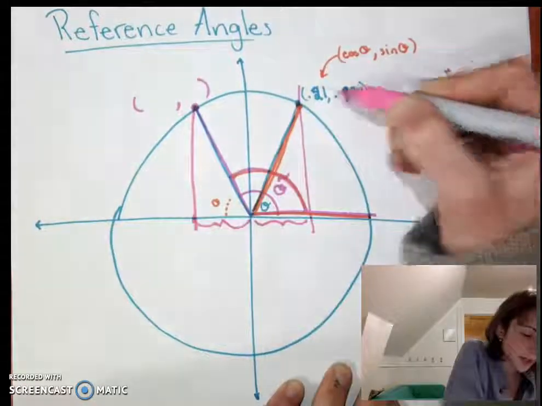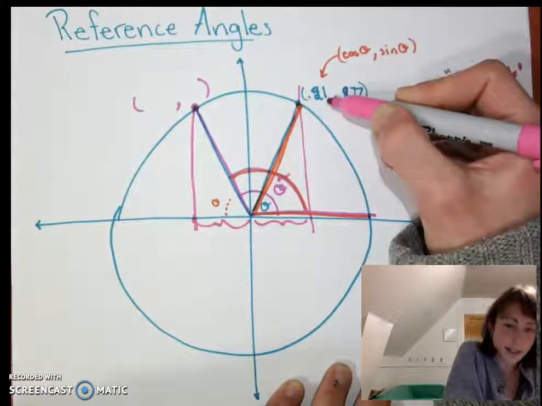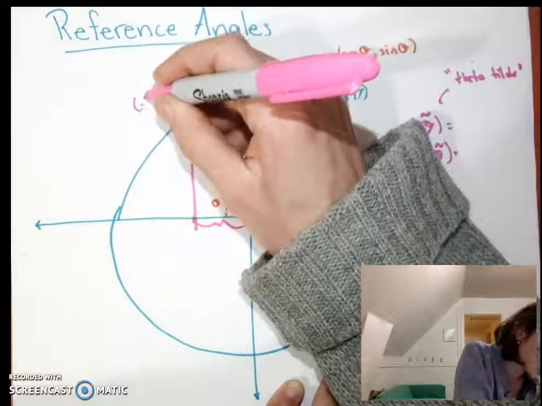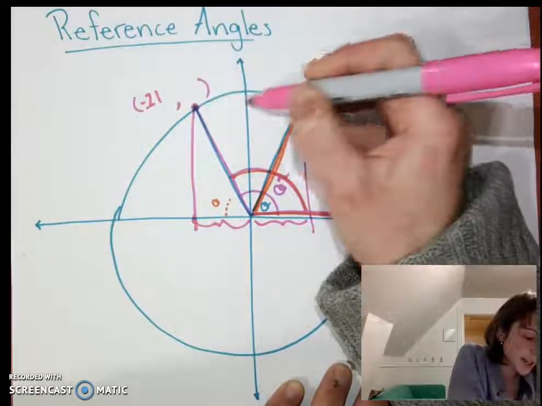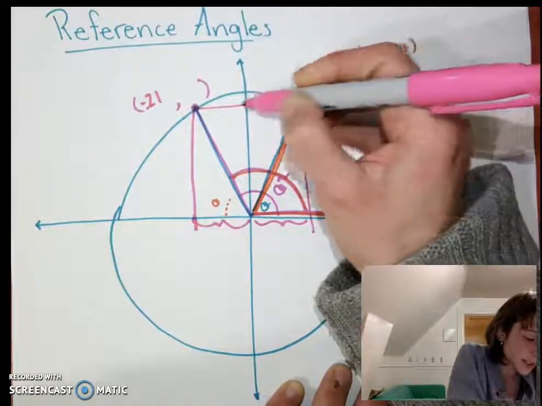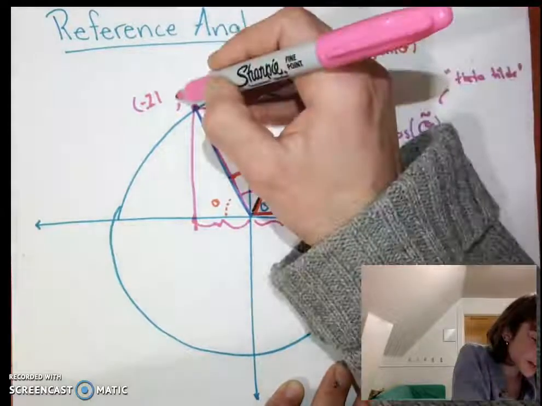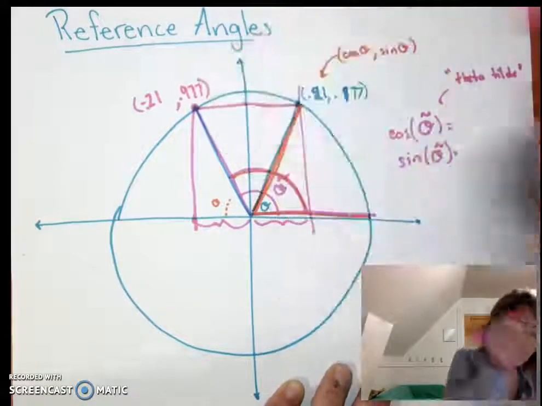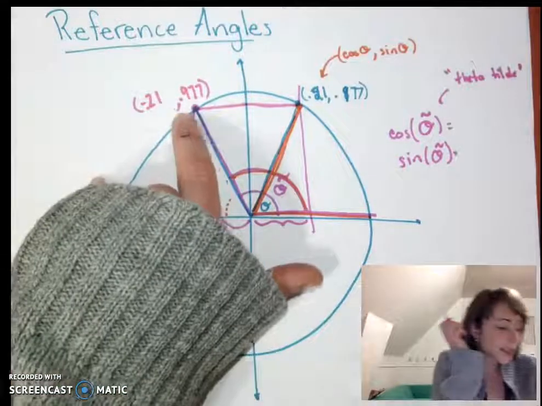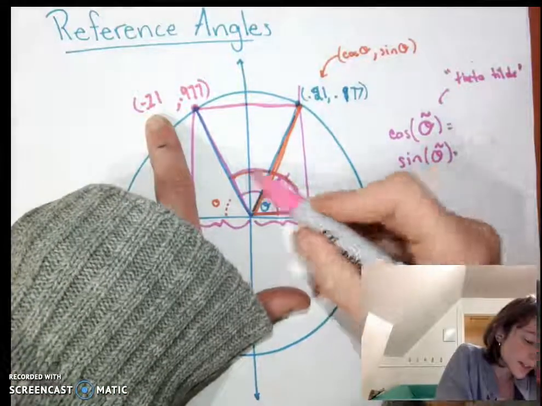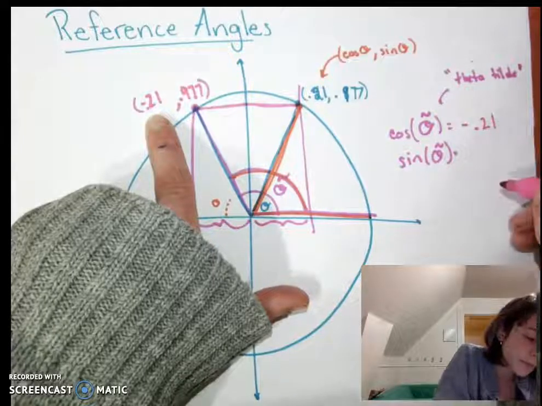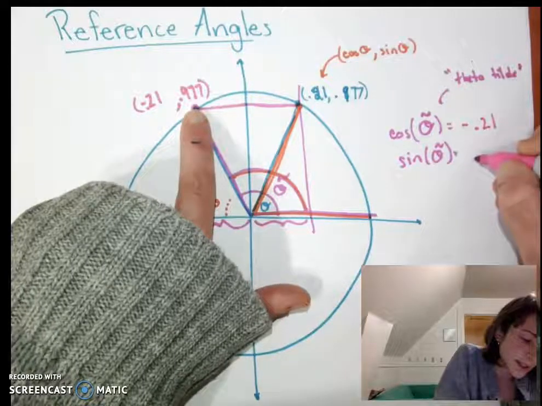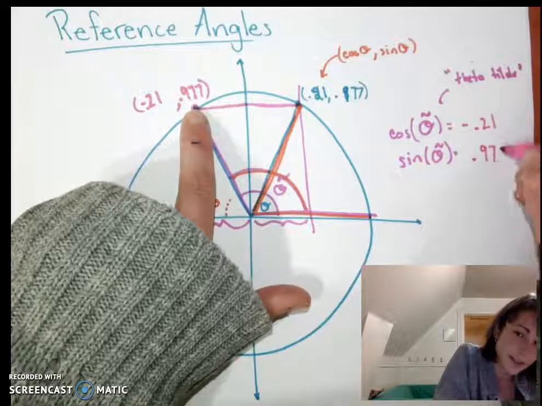So the x coordinate should just be negative the old x coordinate. And the y coordinate's actually the same because I just reflected over. So the y coordinate's still 0.977. So that tells me that cosine of this theta tilde is negative 0.21 and sine is 0.977.